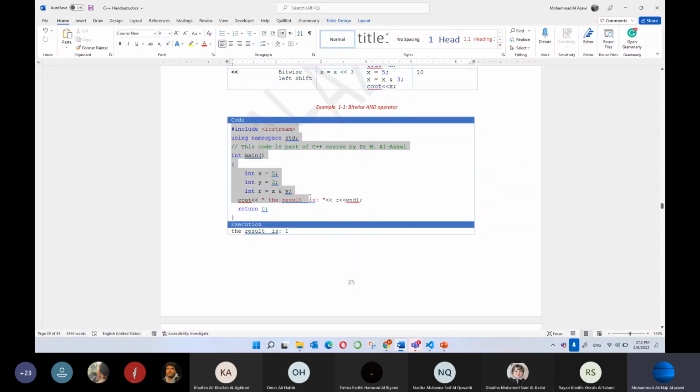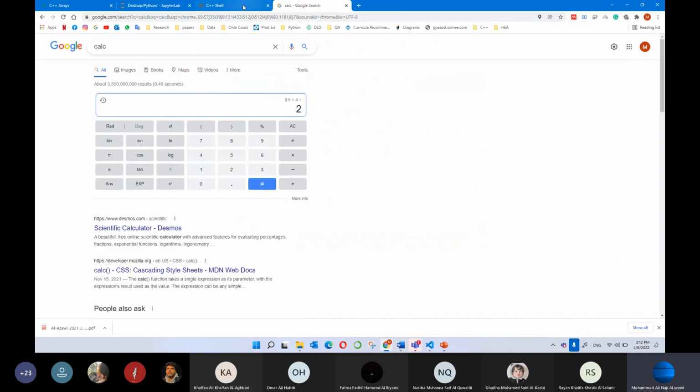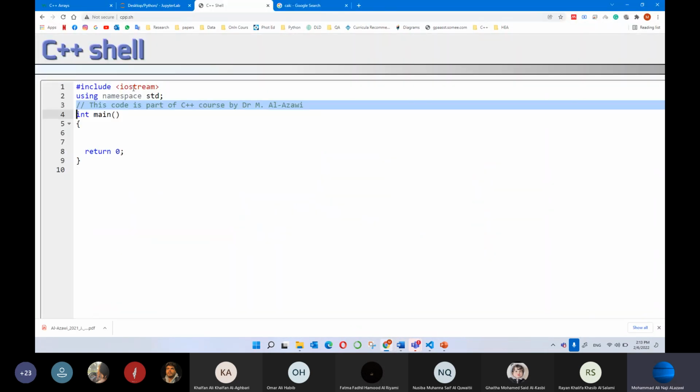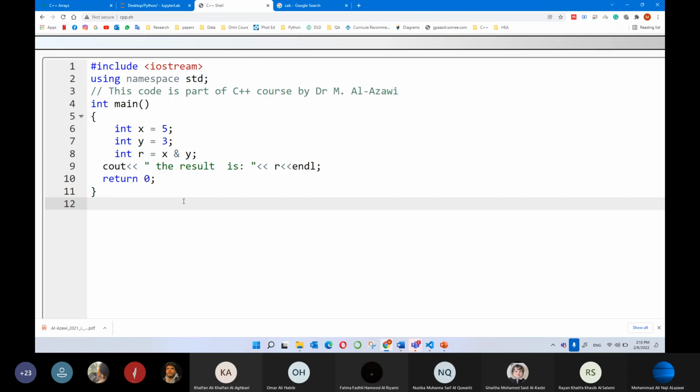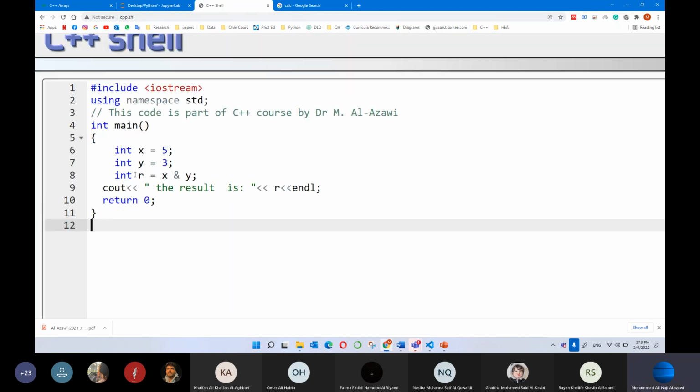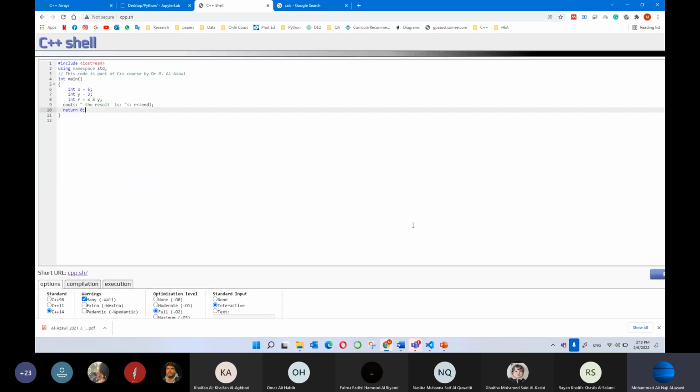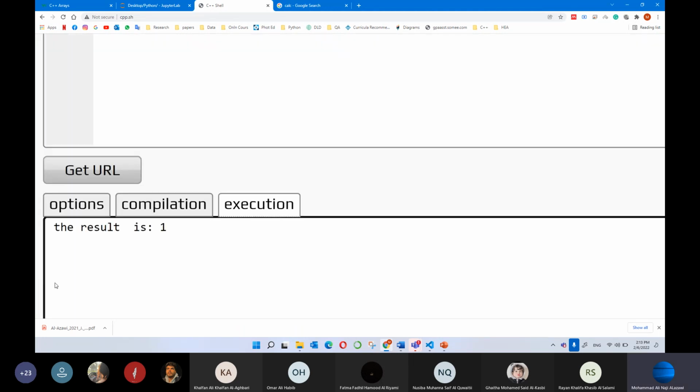So I'll just copy this code and go to the compiler and paste it here. We have integer x equal 5, y equal 3, and integer r equal to x AND y. Remember this is only one, because I have another instruction which has two ANDs. Don't worry about it now. Let's focus on this. Now if I run it, I'll get 1. So this is the result.